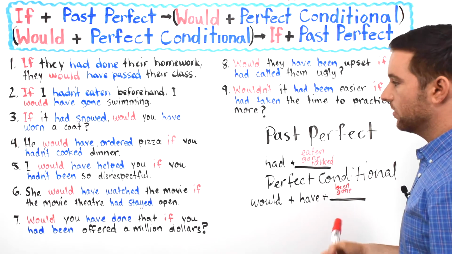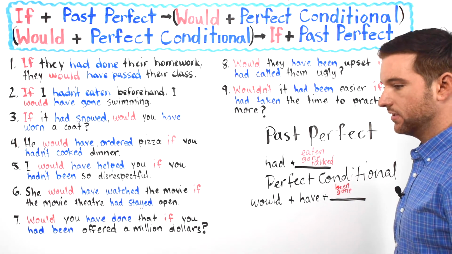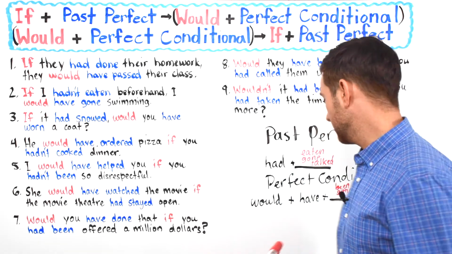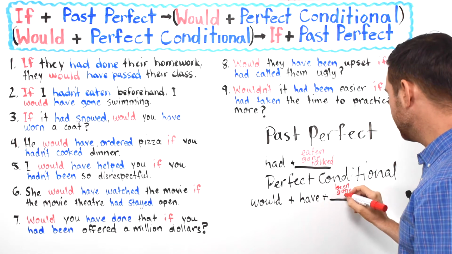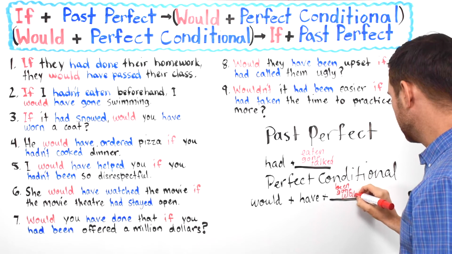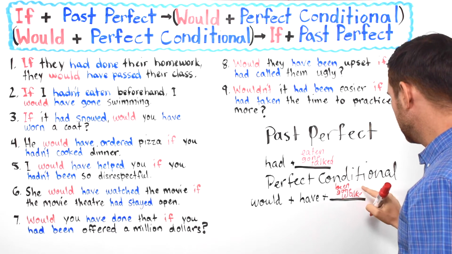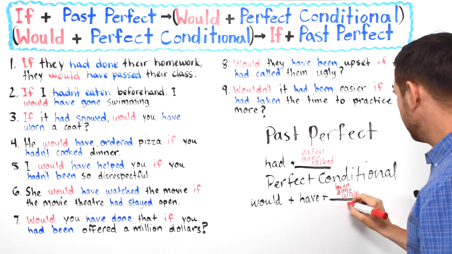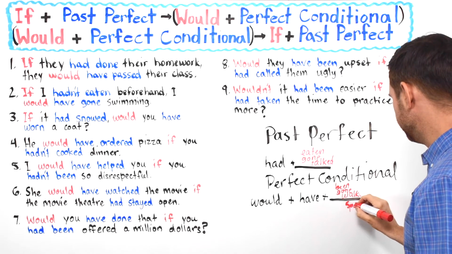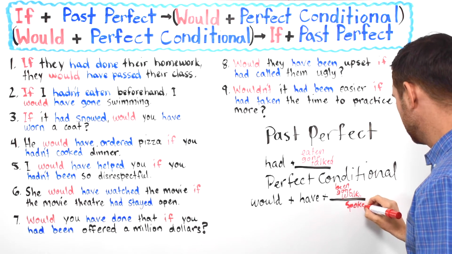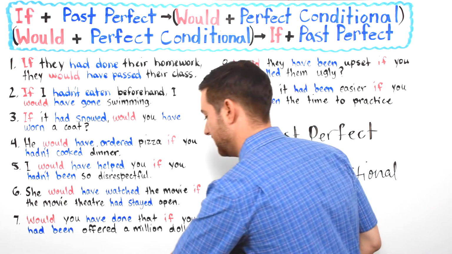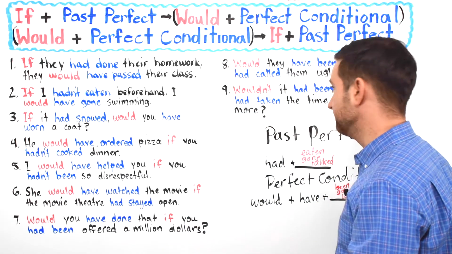Or you can take a verb like, you know, I walked, okay? I would have walked, okay? Or spoke, like when you speak, would have spoken. Okay, I think this is going to be pretty easy once you see these examples, okay? So let's go ahead and jump right in.